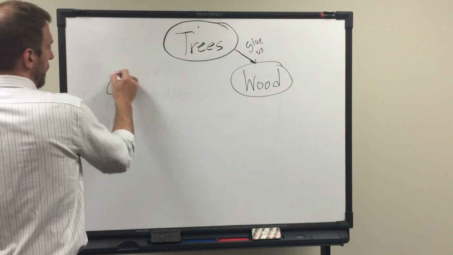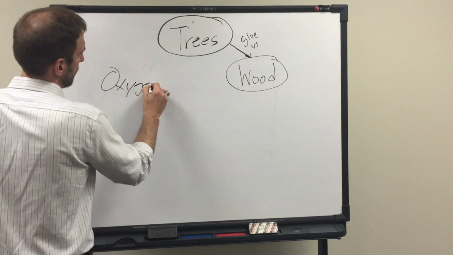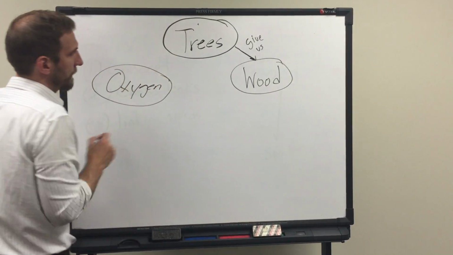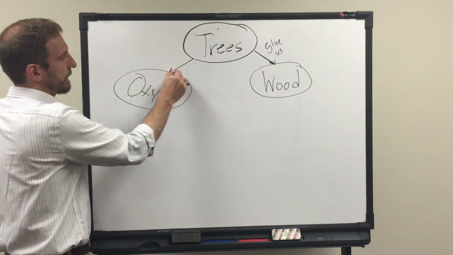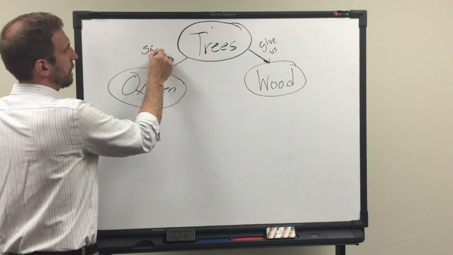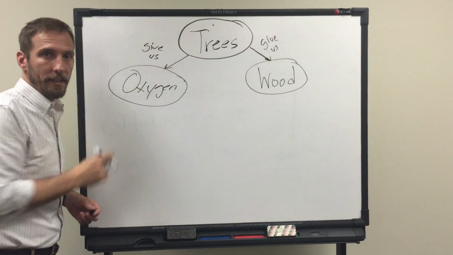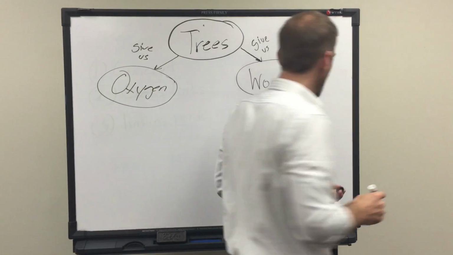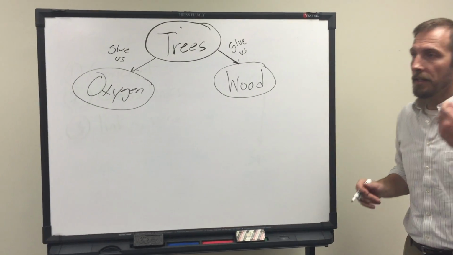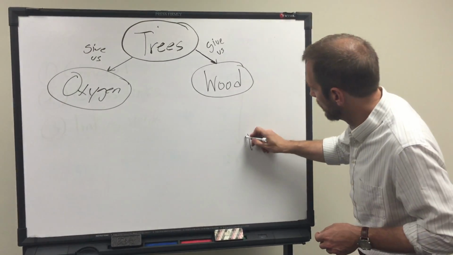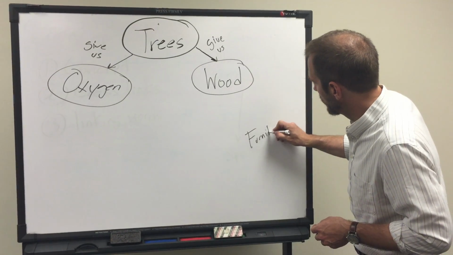Now let's go a little farther. I'm going to say another concept, oxygen, crosslink, linking word. Trees give us oxygen. Let's go a little bit farther. So now how about the idea of furniture?